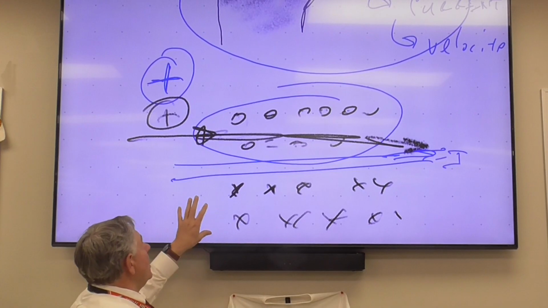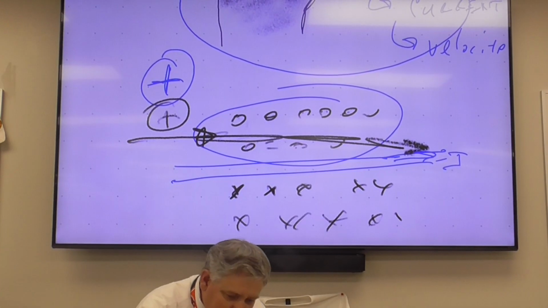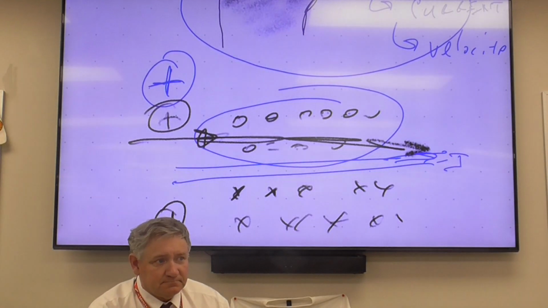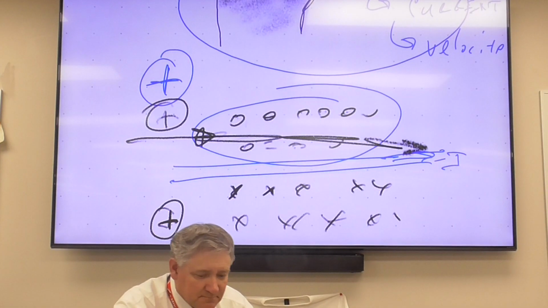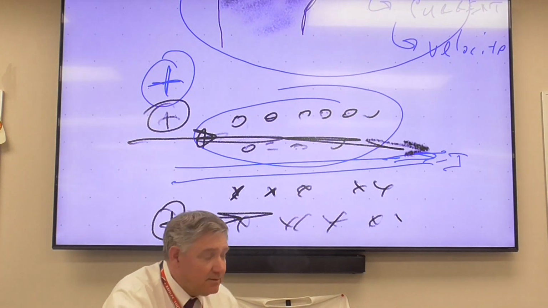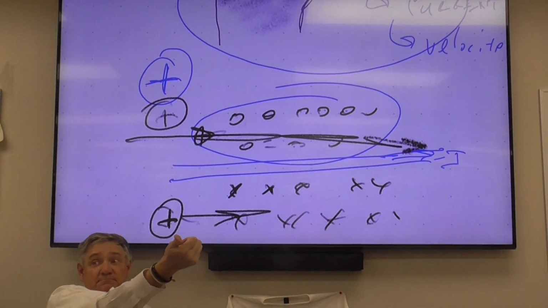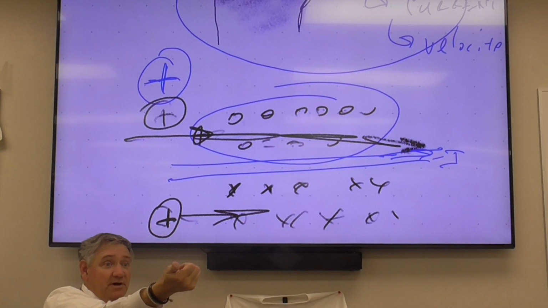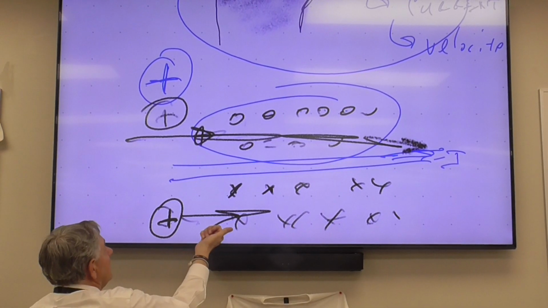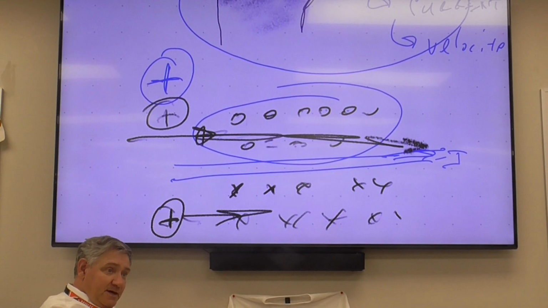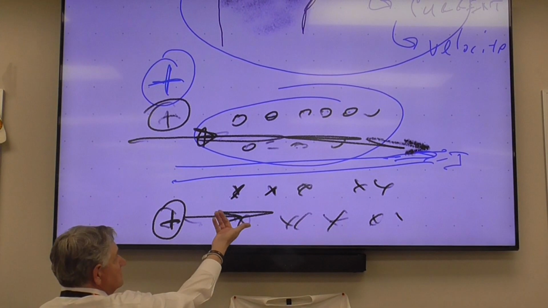Now, what if we shoot the proton down here? Bend away. Okay? So, the proton's going this way, right? Inside, the magnetic field is going into the page, like this.